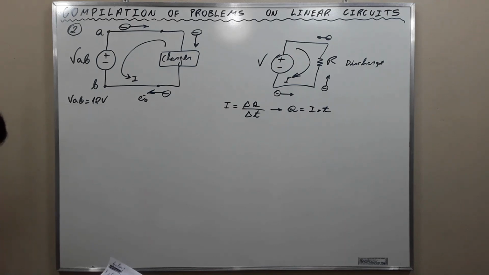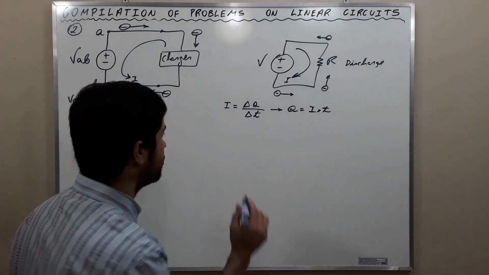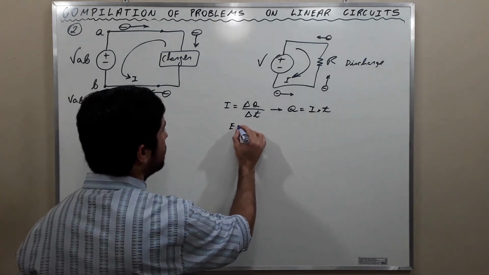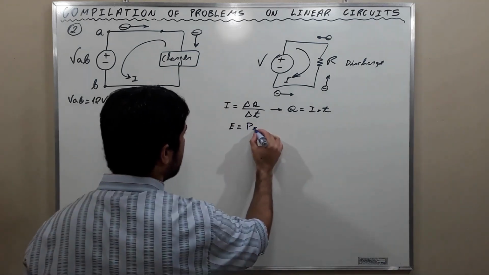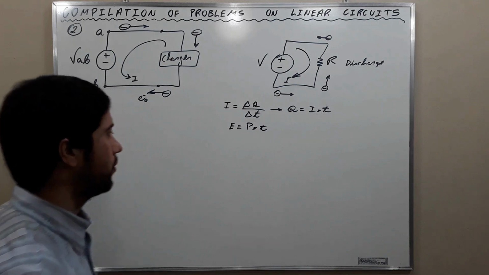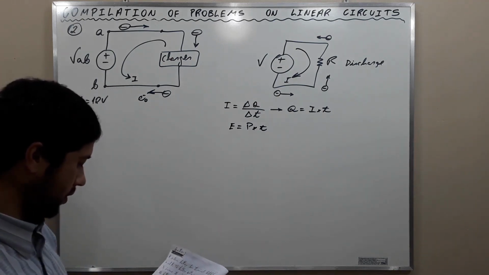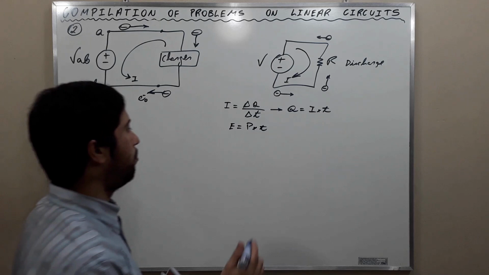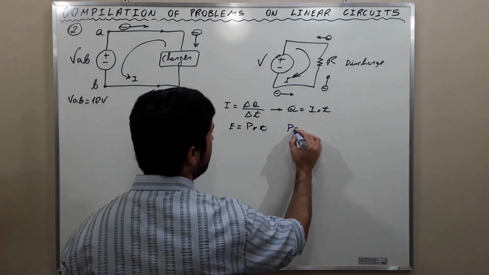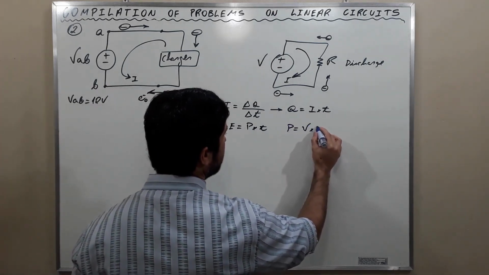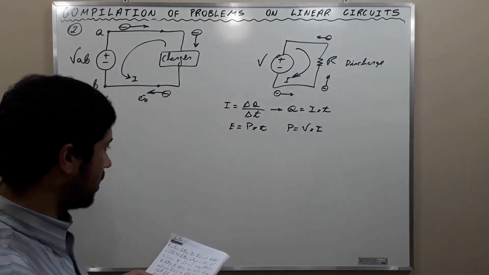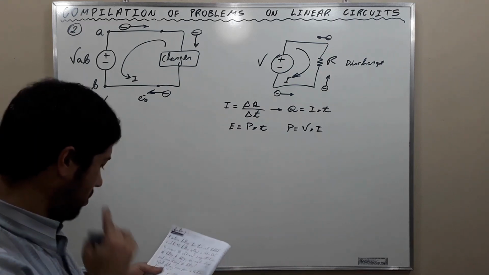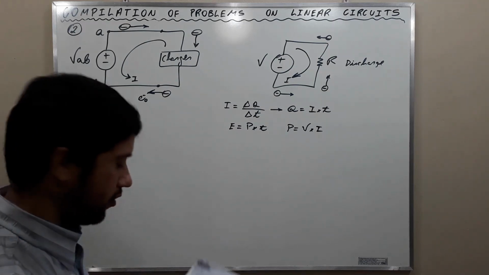And how about energy and power? The relationship between energy and power is energy is equal to power times time. And since power is equal to voltage times current, we can write energy in this fashion.